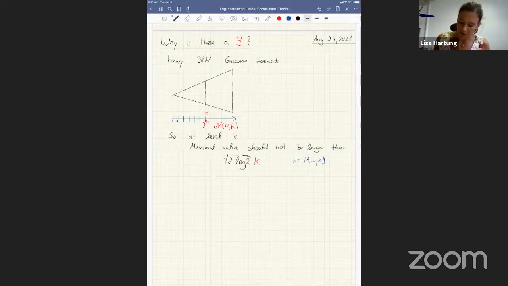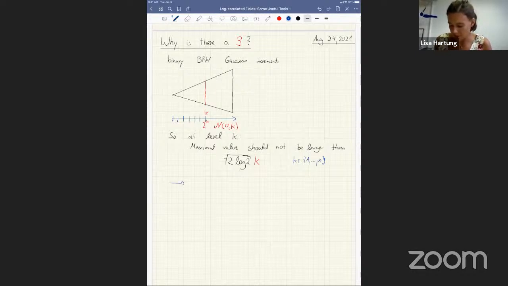So in fact, I can turn this rough argument, that at one specific level k the maximum shouldn't be larger than square root 2 log 2 k, rigorously into the following.